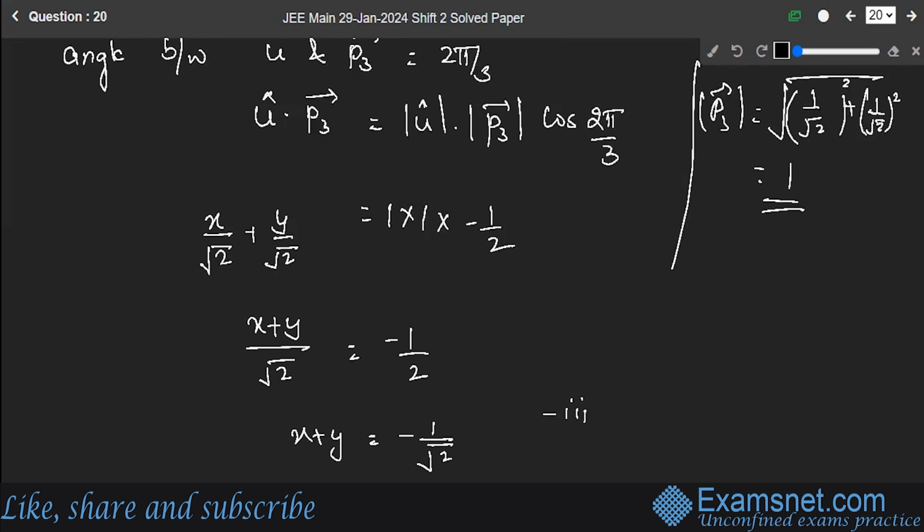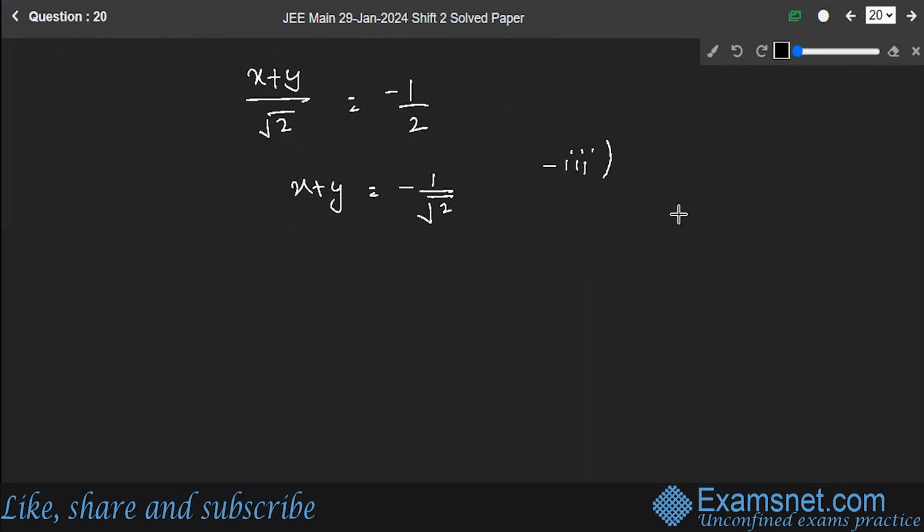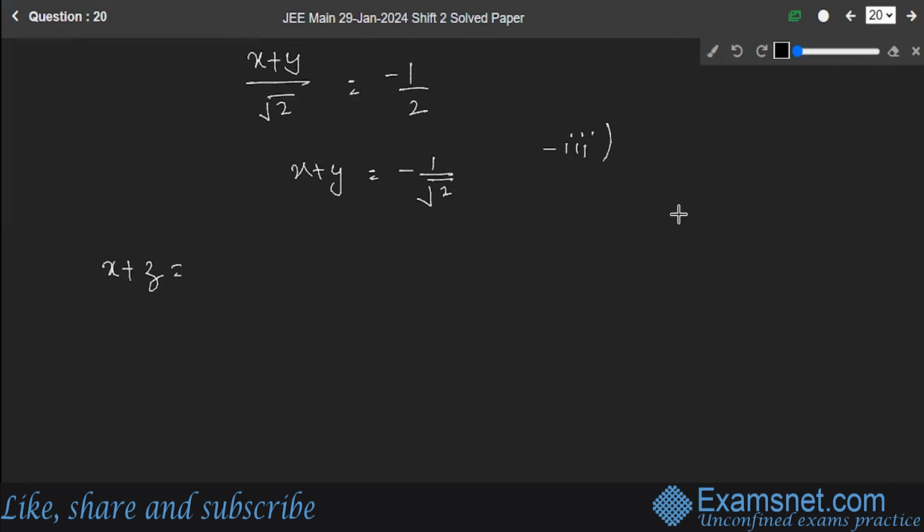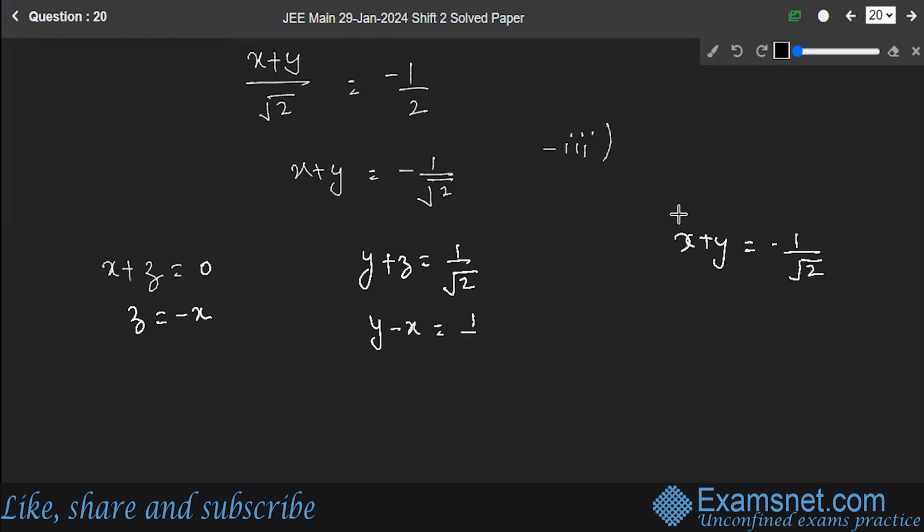This is equation 3. Now you have all the three equations. Let's write them over here. From equation 1, you had x plus z is equal to 0. From equation 2, you have y plus z is equal to 1 by root 2. And from equation 3, you have x plus y is equal to minus 1 by root 2. Now let's solve. If z is equal to minus x, then y plus z becomes y minus x. So y minus x is equal to 1 by root 2, and y plus x is equal to minus 1 by root 2.